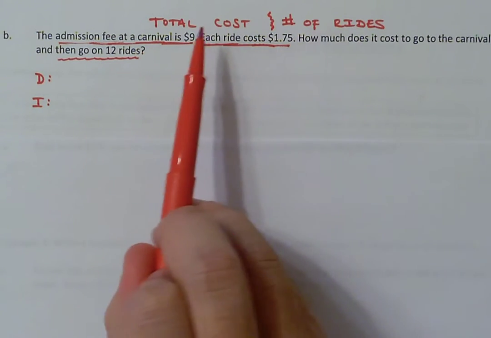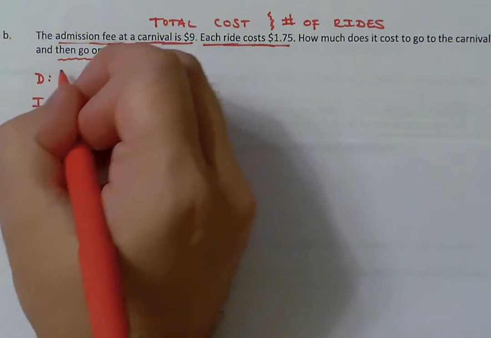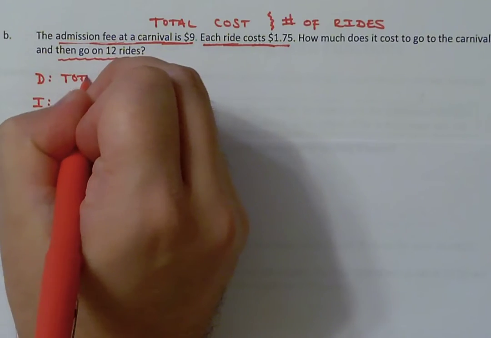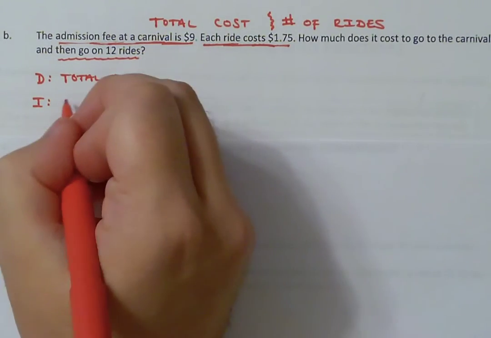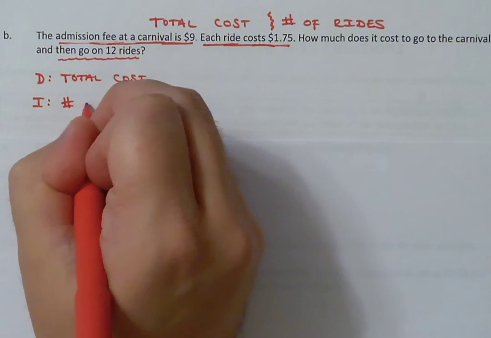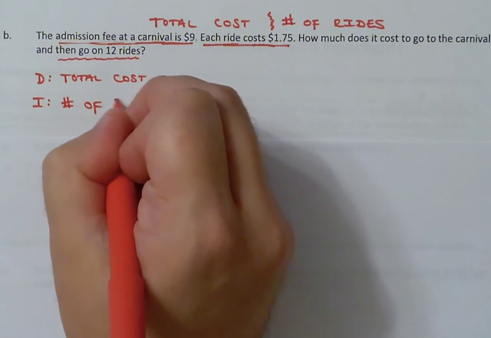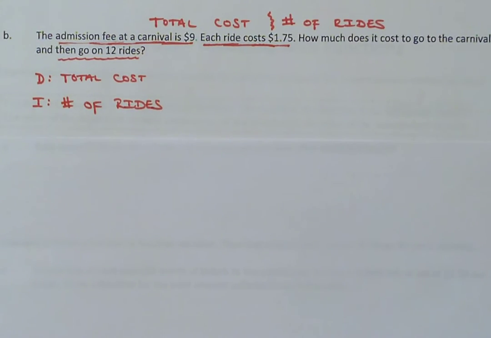So dependent is total cost. Anything that's total or amount is going to be your dependent, and my independent is number of rides. The thing that can fluctuate without being affected by the other thing is your independent.